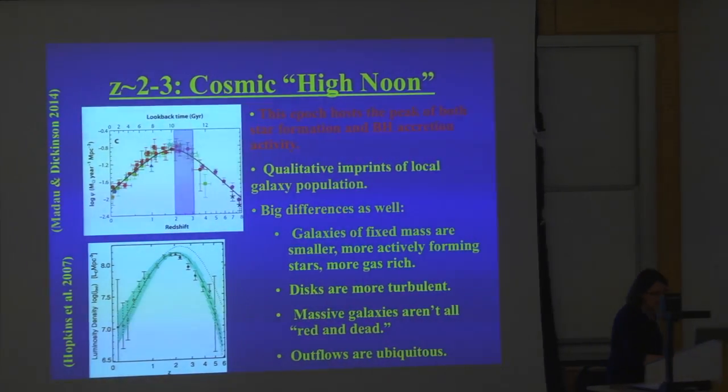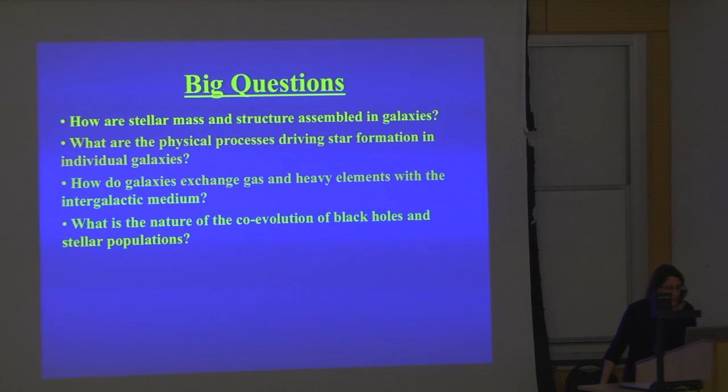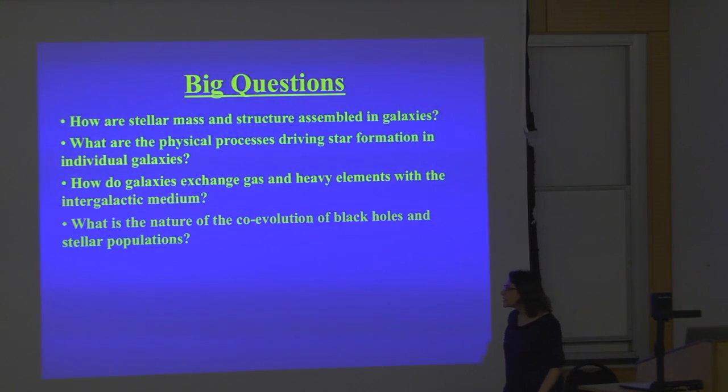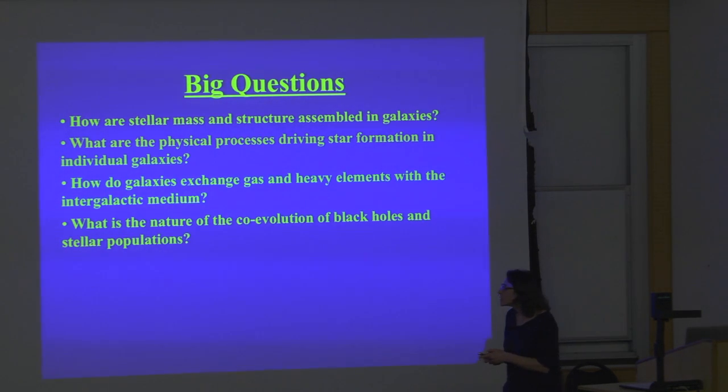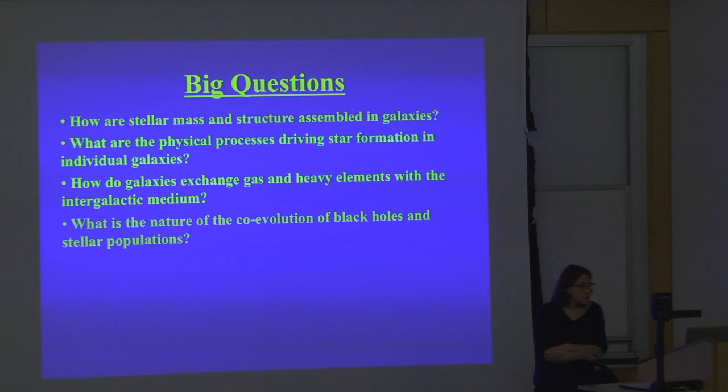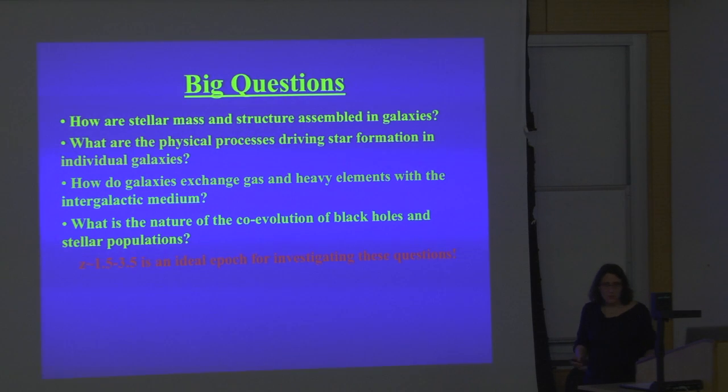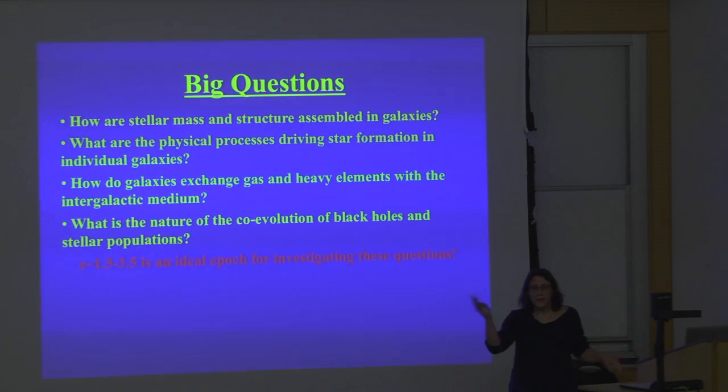All right, so let me just put up these big questions again. Some of the things that we're trying to understand are: how are stellar mass and structure assembled in galaxies? What are the physical processes that drive star formation in individual galaxies? How do galaxies exchange gas and heavy elements with the intergalactic medium? And what is the nature of this coevolution between black holes and stellar populations? Hopefully I've motivated a little bit why we're going back in time so far.